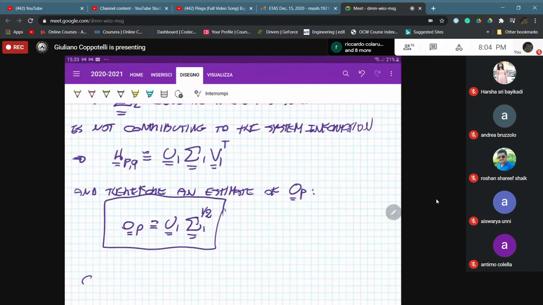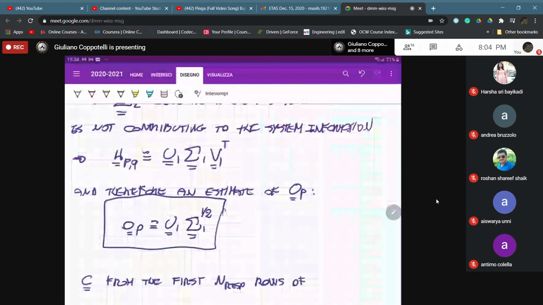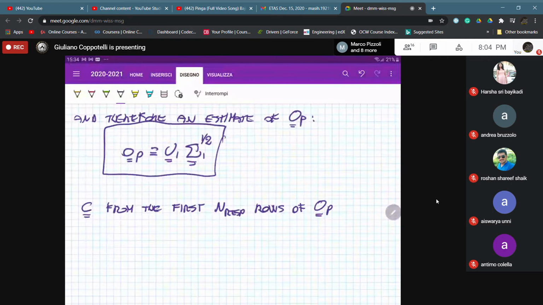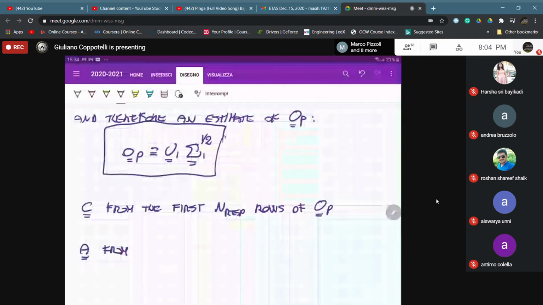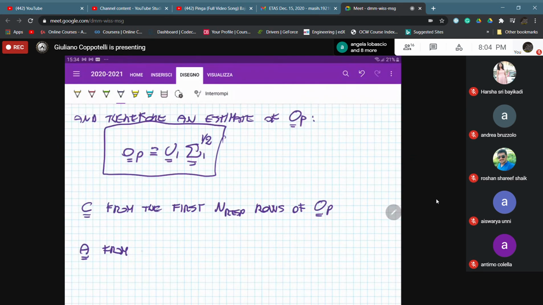Okay. So your controllability matrix could be obtained from the first rows, by definition, and A from a least square solution, from the other set of n rows of your OP.